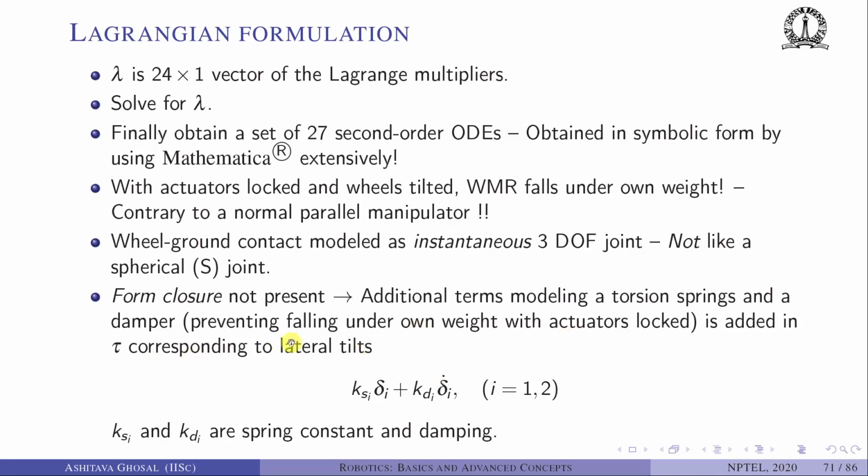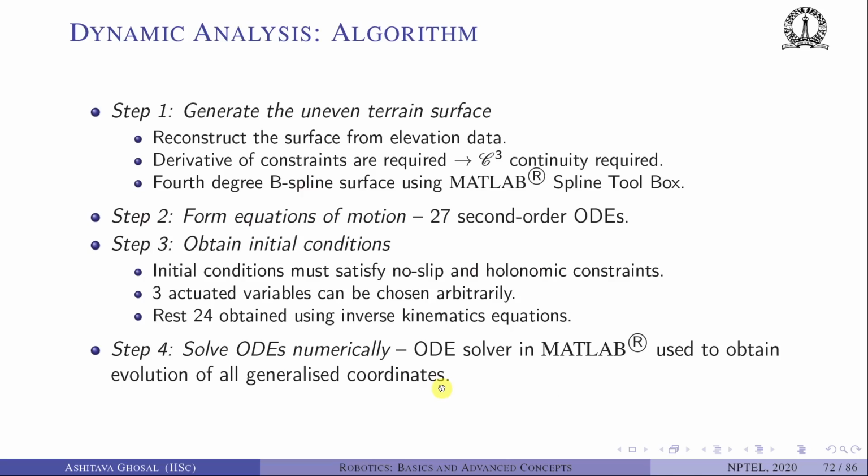So we add, corresponding to the lateral tilts, some torque, which is K times delta i and K_d times delta i dot. So there is a damping and there is a spring stiffness added to the lateral tilt. These are some constants. So this is added in a way so that it does not fall under its own weight.